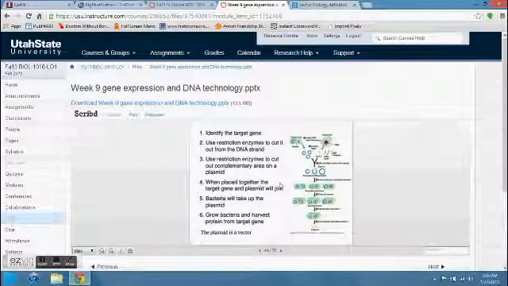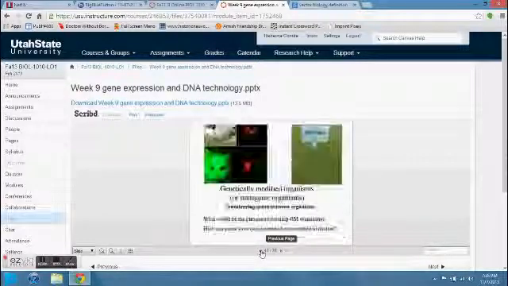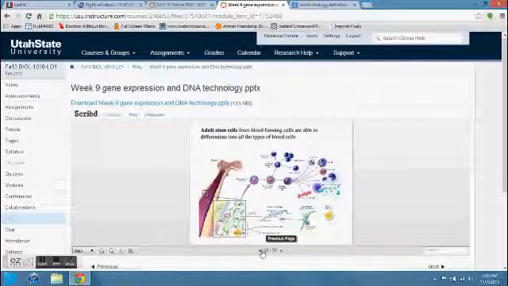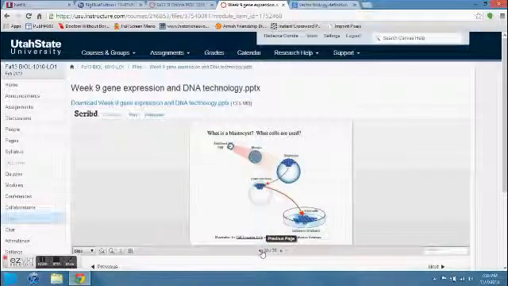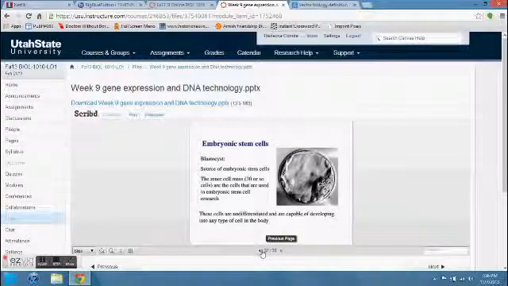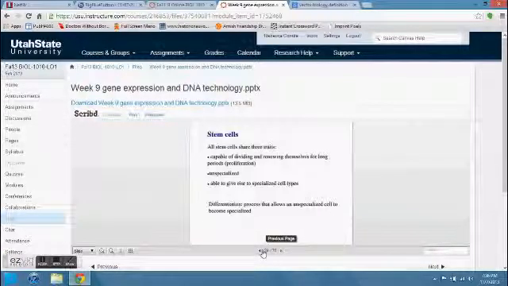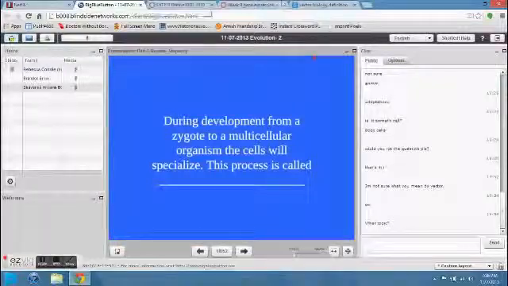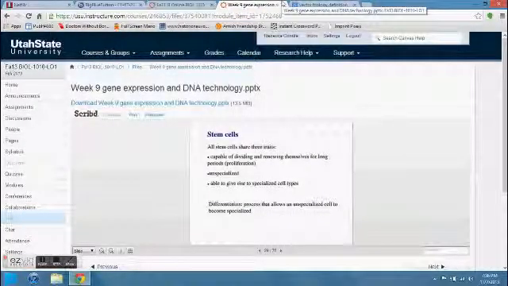It's in cloning. I believe it's in stem cell cloning. Yes. Oh, during the development of a zygote to multicellular, I thought I knew it.